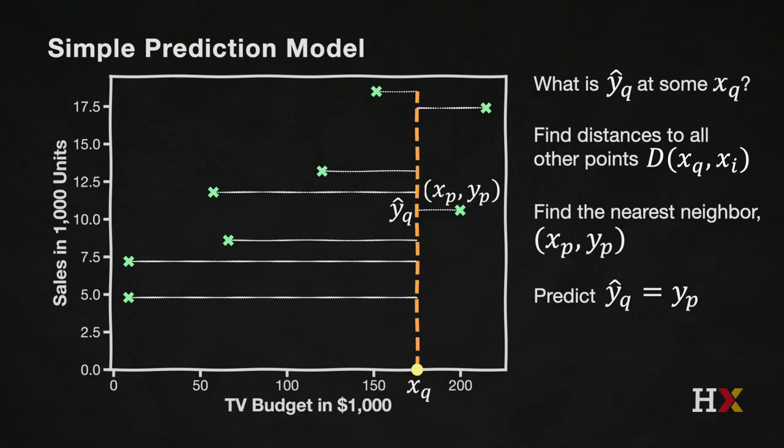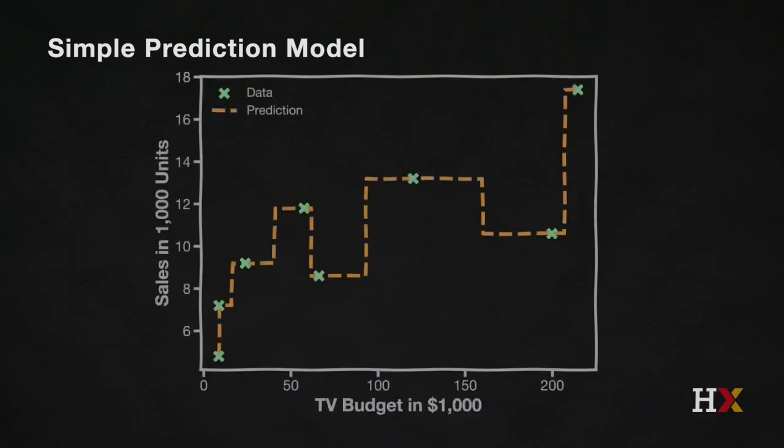Now we can use that to make a prediction for any TV budget, and that's the plot we see now, the prediction of sales for any given TV budget. You can see we have these horizontal lines because in that region the nearest neighbor is one point, and then when we move to another region, the nearest neighbor will be the other point.